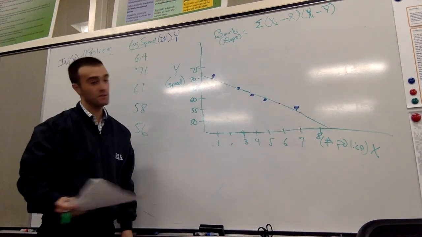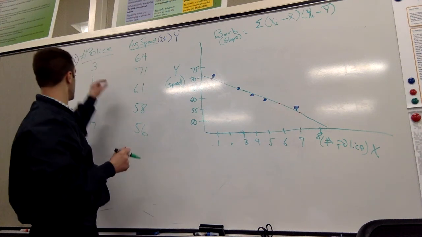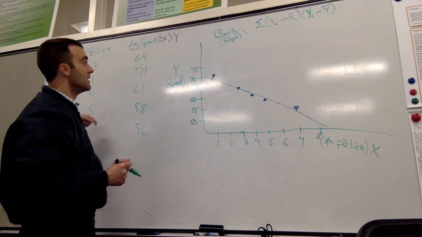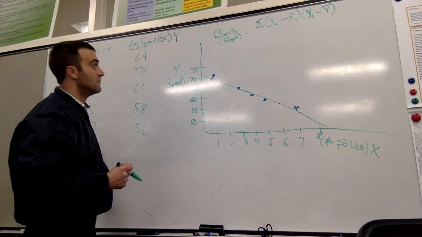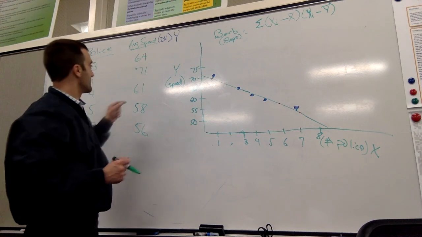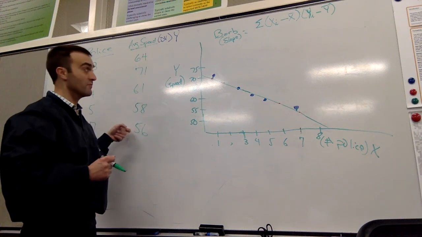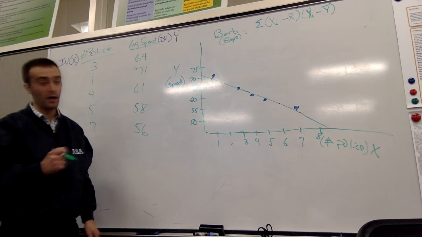So the notation is a little bit different. X sub i is each individual observation of x, so the 3, the 1, the 4, the 5, the 7. X bar is the average of all your x values. Y sub i is each individual value of y, 64, 71, 61, 58, 56. And y bar is the average of y.